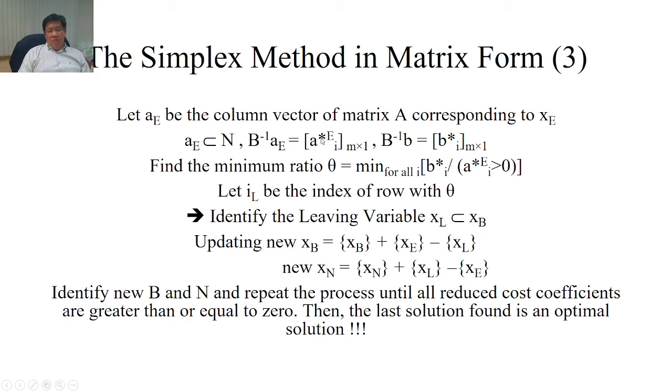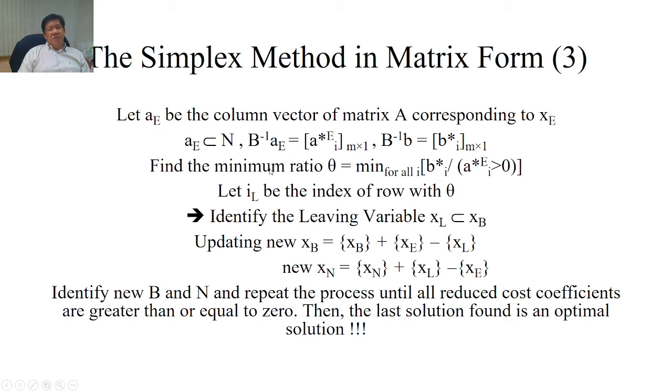Then row by row in this column vector, you check whether the element has a positive value. For all positive values here, you use that as the divisor, and then divide the b sub i in the same row of the column vector of B inverse b.